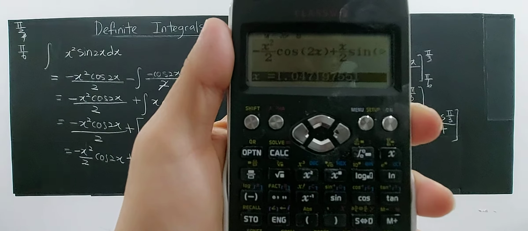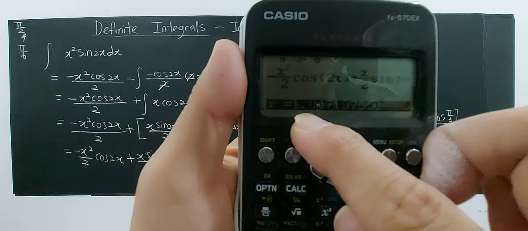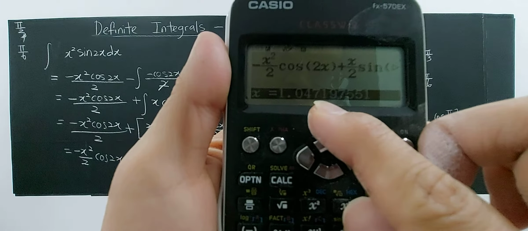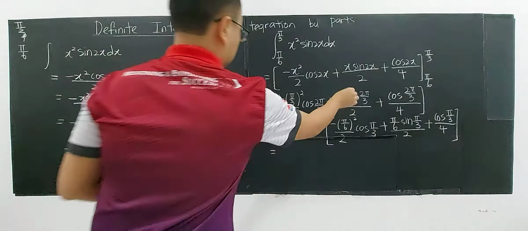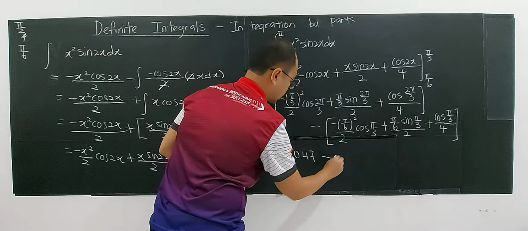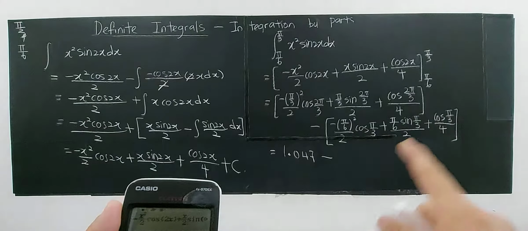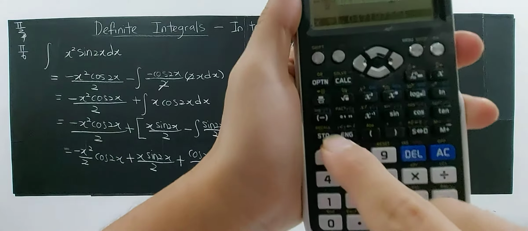So I'm getting 1 point. I can just give it in decimal form. So I give 3 decimal places for more accuracy. So 1.047, right? So for the first part, you're getting 1.047 minus away pi over 6. To reduce my work of rekeying everything, I have already keyed in, so I just calculate pi over 6.